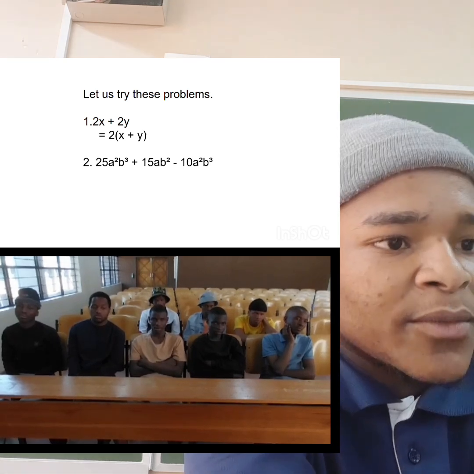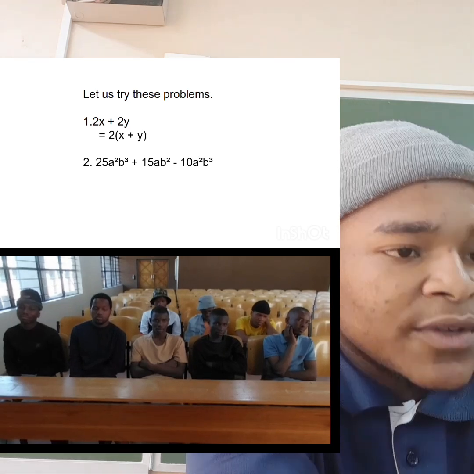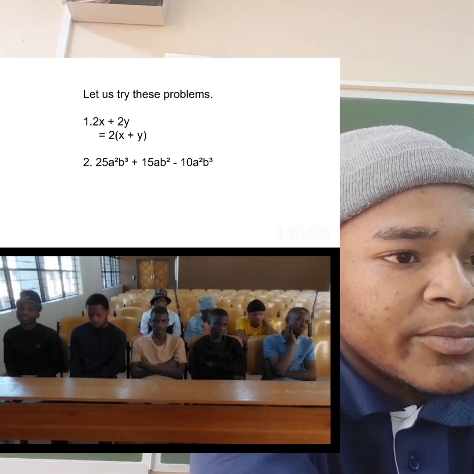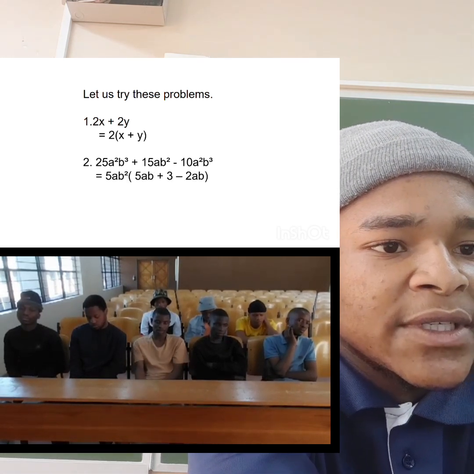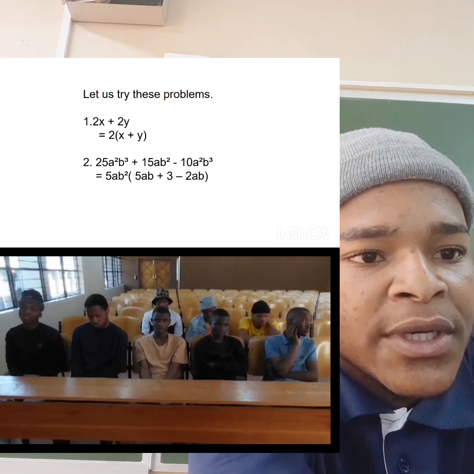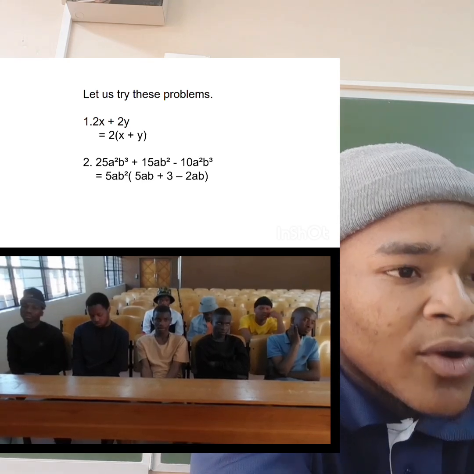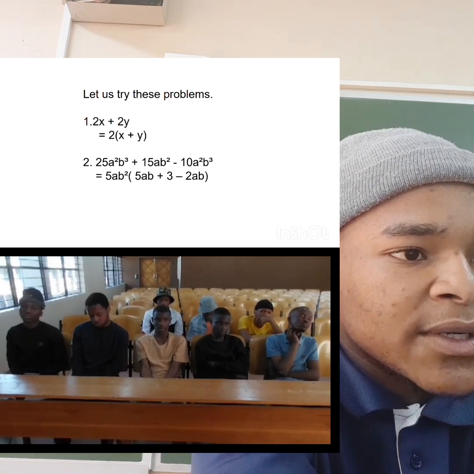The second example, 25a squared b cubed plus 15ab squared minus 10a squared b cubed. It's also a common factor.